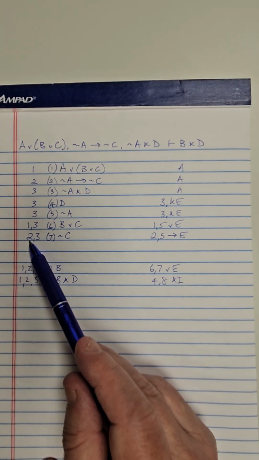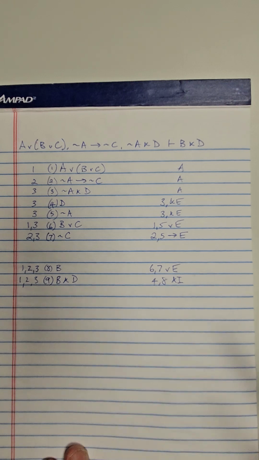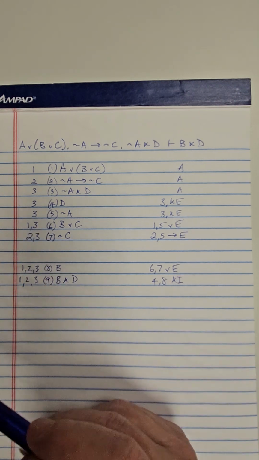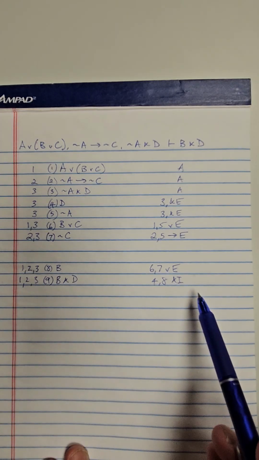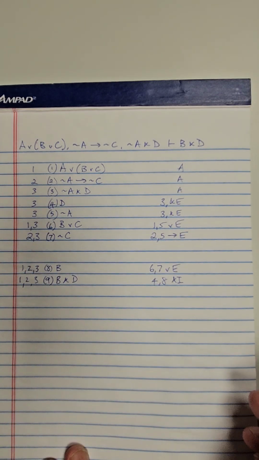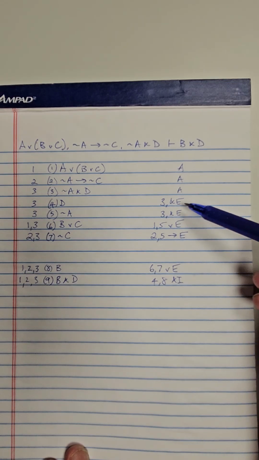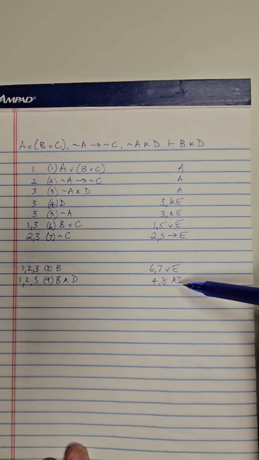For this, it rested ultimately on 2 and 3. So every line of the proof corresponds to a valid sequent, and the last line of the proof corresponds to this sequent. And so that's a proof which uses ampersand elimination twice, wedge elimination, arrow elimination, another wedge elimination, and then ampersand introduction.